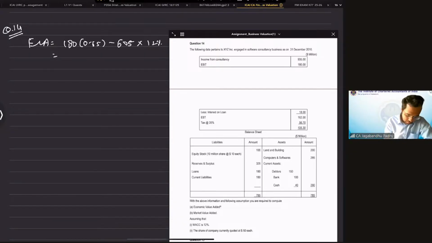So 180 into 0.65 is 117, minus 605 into 12%, which is 72.6. So 117 minus 72.6 is 44.4, right? EVA?